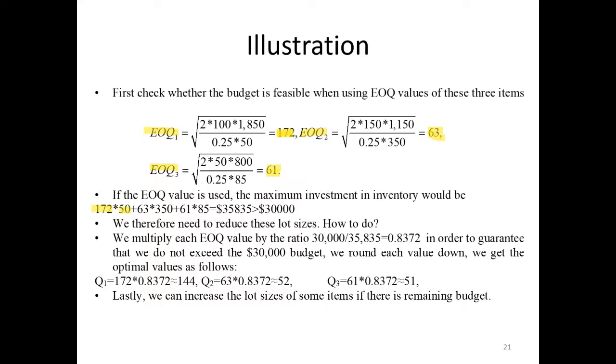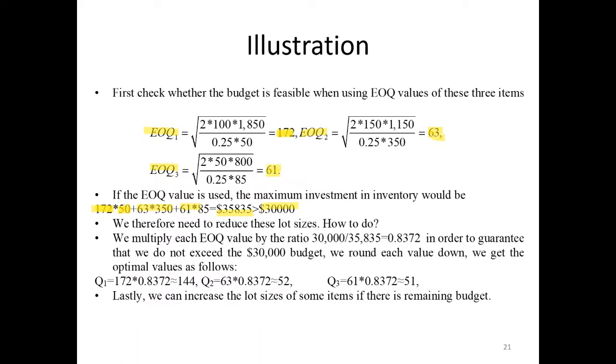This is done by multiplying the maximum inventory, which is the EOQ value, by the cost per unit for each individual item. Then we sum up the values, as you see here. The total value is found to be $35,835, which exceeds the limit of $30,000.